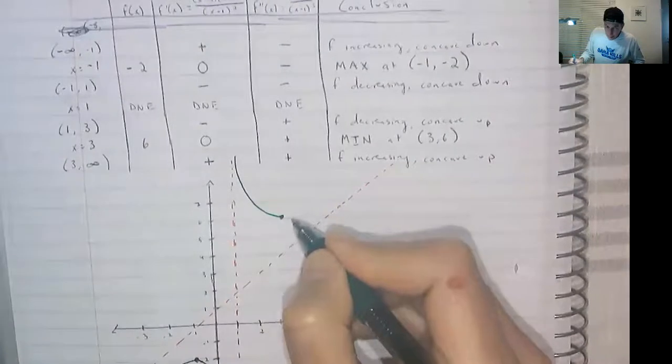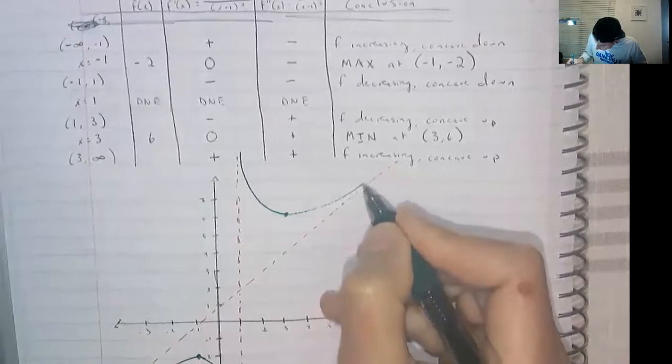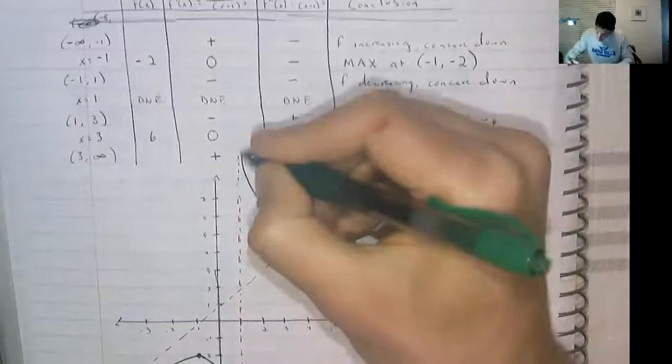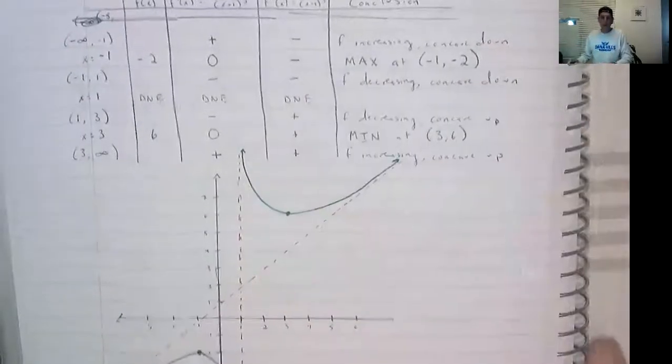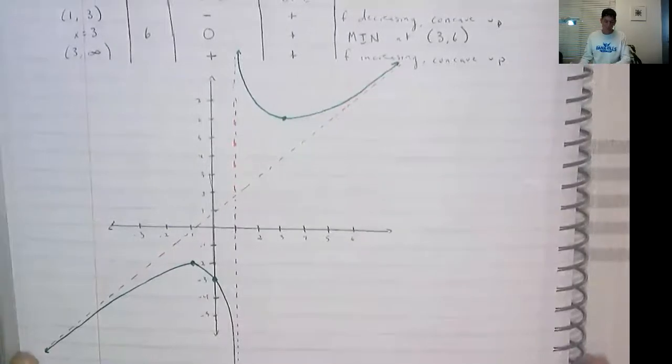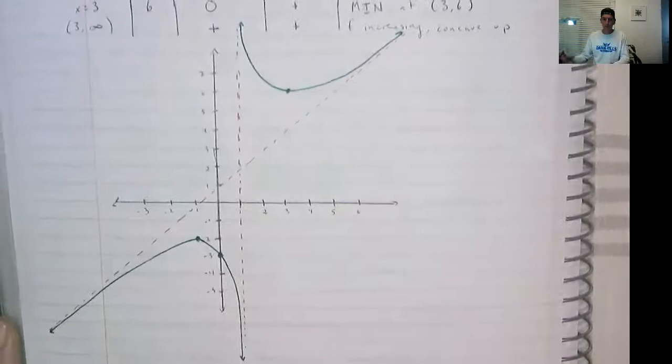It's going to really magnetize towards this oblique asymptote. And that is the picture of our curve. Pretty stinking cool. Power of calculus.